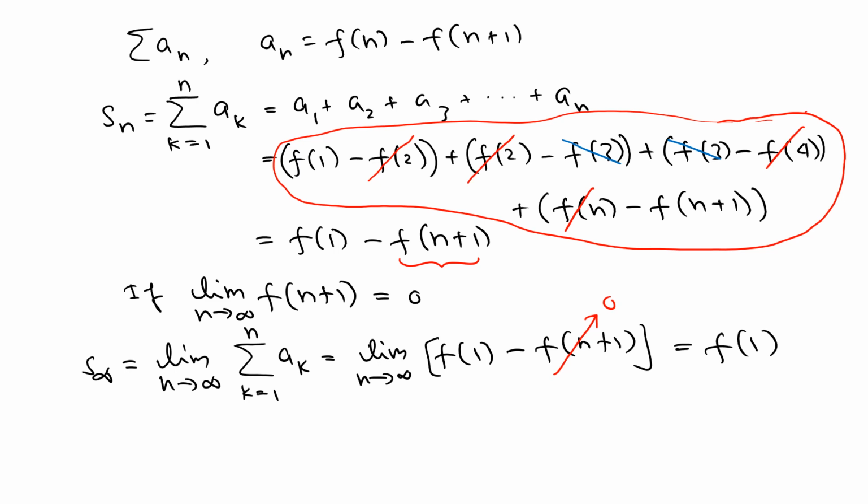So this is the idea of how to use the telescoping series, and you can try these problems as practice. I'm going to give you 3 problems just to see whether it's going to work. The first one is sigma n going from 1 to infinity of 1 over n minus 1 over n plus 1. You can see this is a difference of 2 terms, so it's already there.